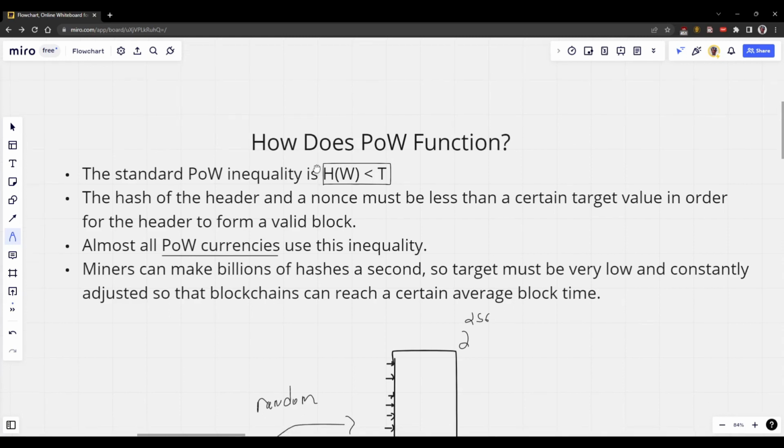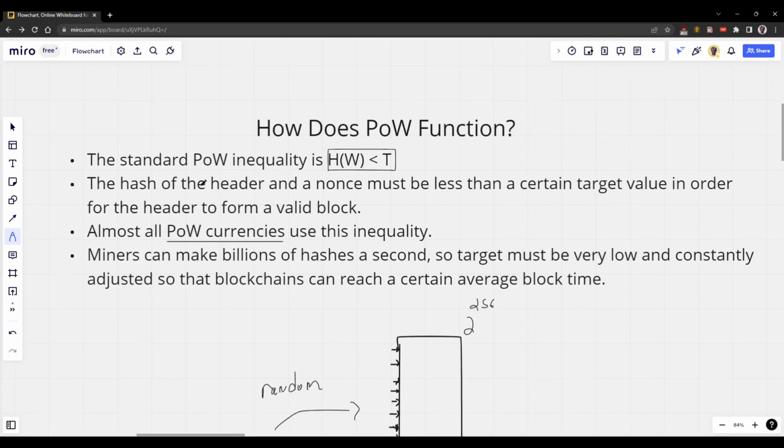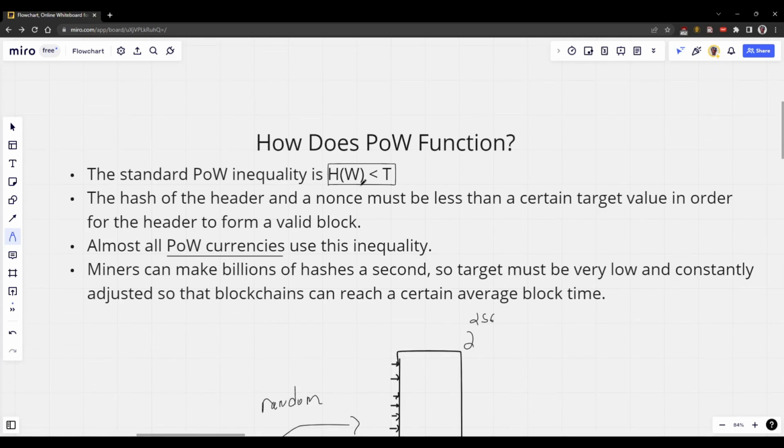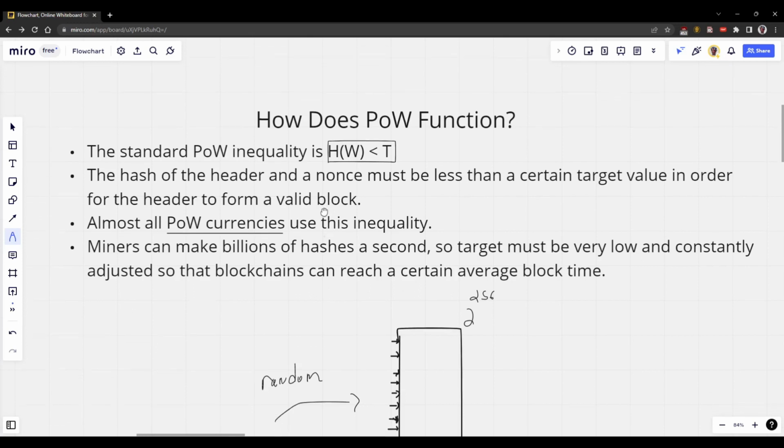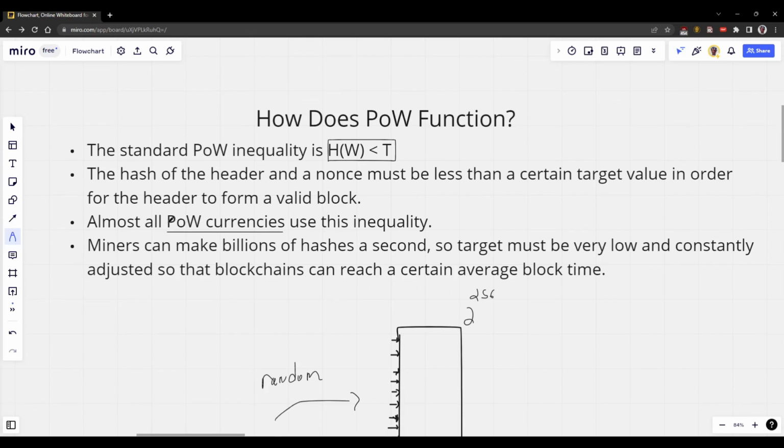Now, this w value usually includes an incomplete block header along with a nonce chosen by the miner. This random nonce value is incremented over time in order to create unique values of h of w that eventually satisfy the inequality. Pretty much all or almost all proof of work currencies use this inequality.